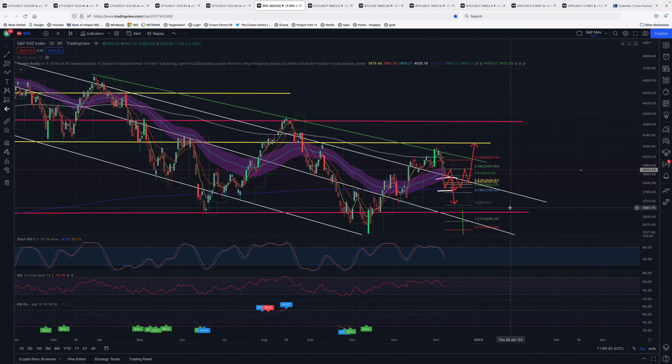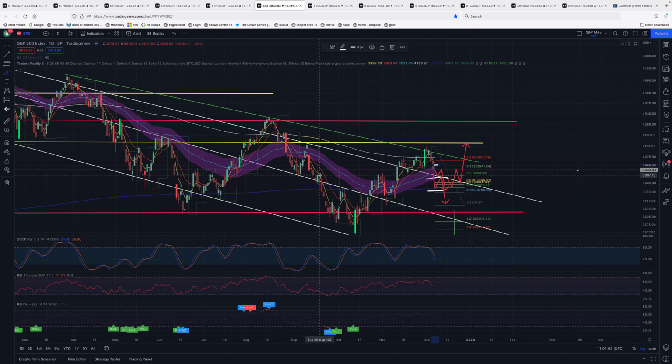I'm taking the ones that I have here on the Traders Reality Indicator, the 5 and the 13 EMA. I pointed this out on the Discord yesterday, the fact that the 5 crossed down over the 13. Now, it crossed down over the 200 as well, but the fact that it crossed down over the 13 is more relevant for our conversation today.